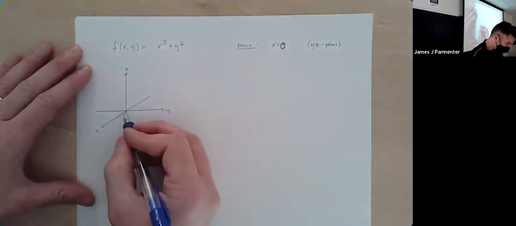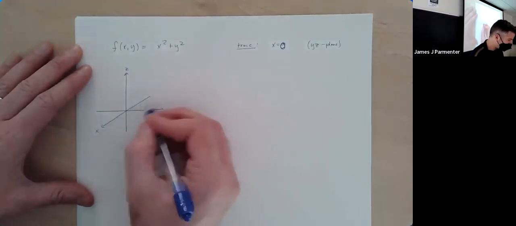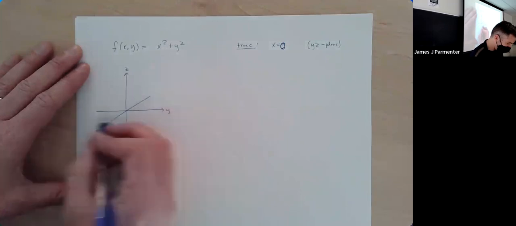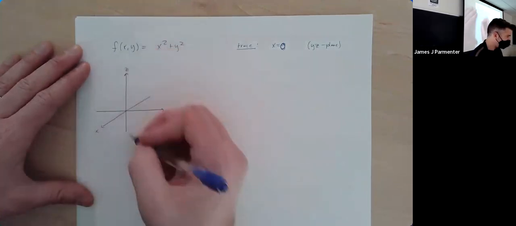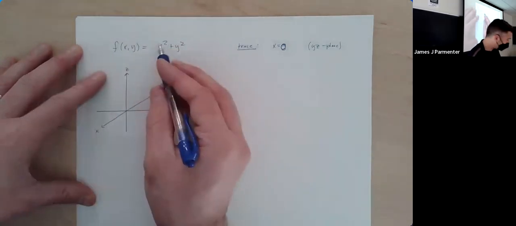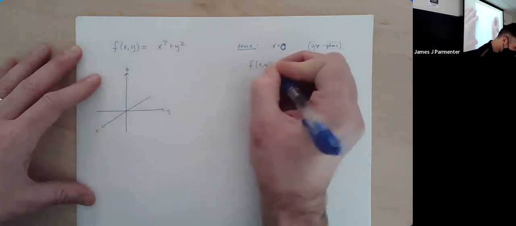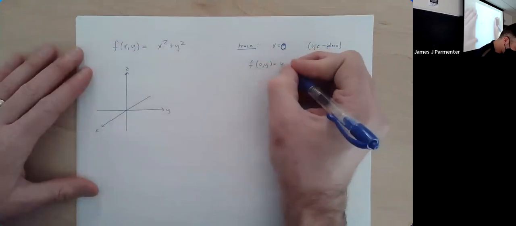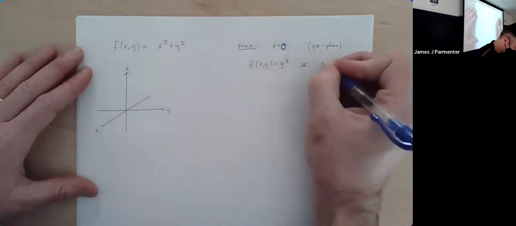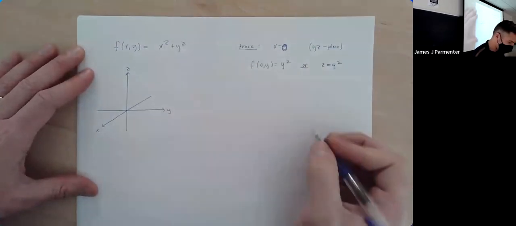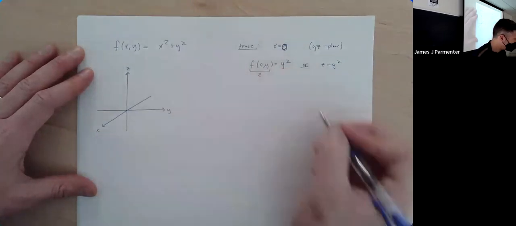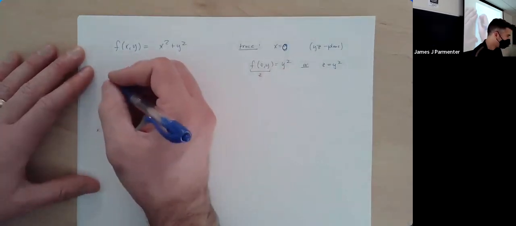If x is 0, you haven't moved this direction or that direction. So you're stuck with y being whatever or z being whatever. And in the YZ plane, if x is 0, my f of 0 comma y is going to be y squared. Or in other words, z equals y squared, because we're thinking of this as our z. That's just a parabola. Usual upward opening parabola.